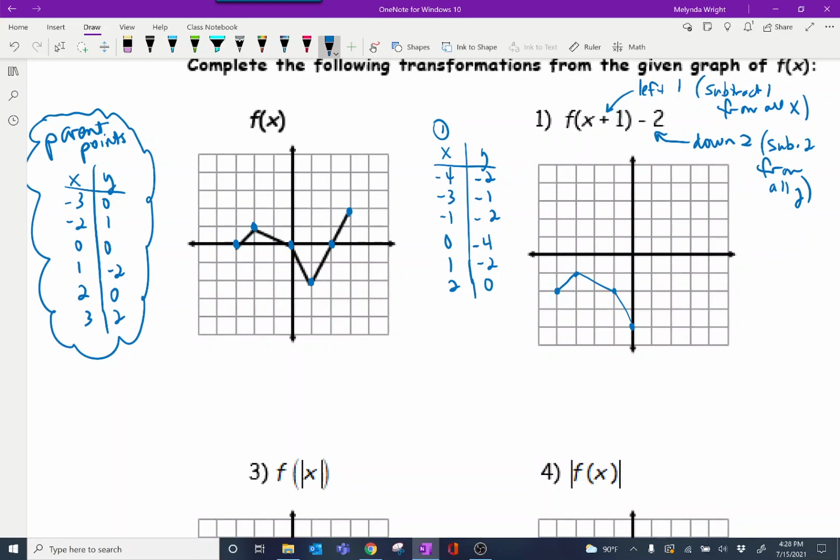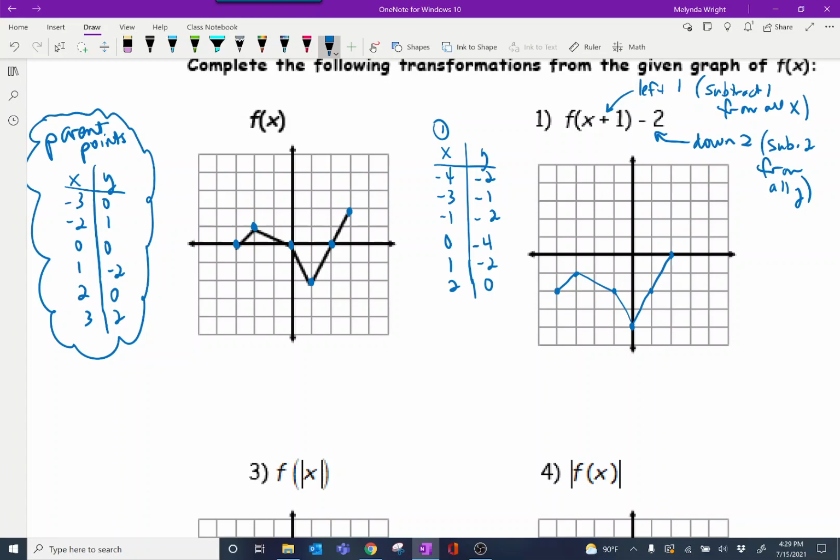We have 1, -2. And then we have 2, 0. And that's our transformed graph. Okay, so if we visually look at this graph, we can see by comparing it to our original graph that indeed it has been shifted left 1 and down 2.